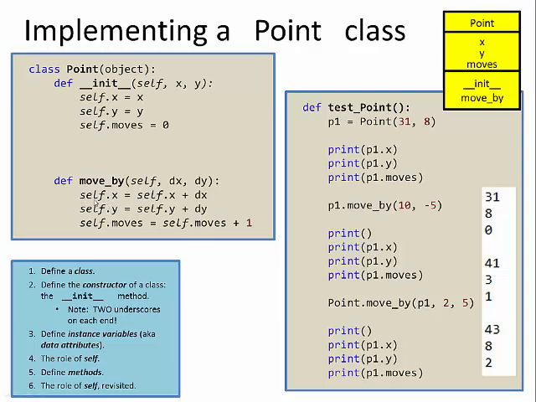So this point, the one that you're working with, its x goes up by dx, and so forth. I guess I have one last thing to say, and that's via this line. If you want to refer to another method inside the code, again you say self dot. So if for some silly reason I wanted to call move_by from within init, you never would, but if you did, you would say self dot and then the other method you want to call.